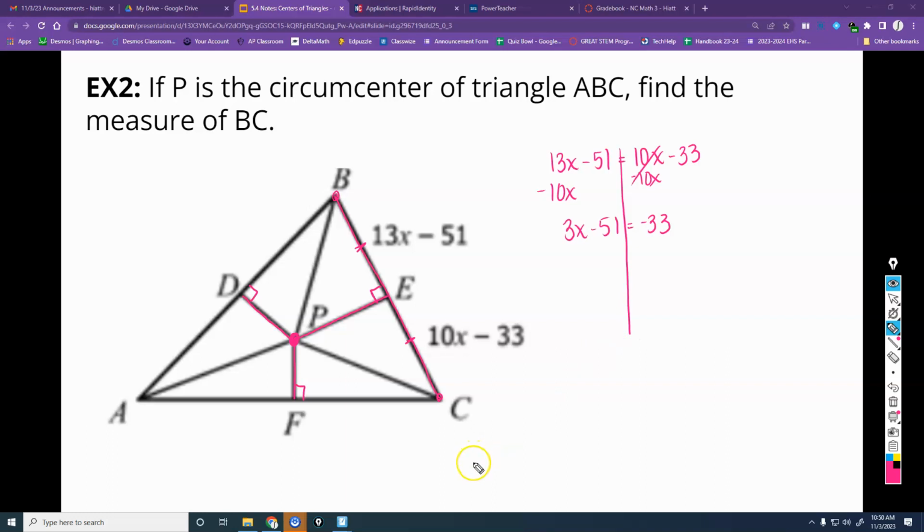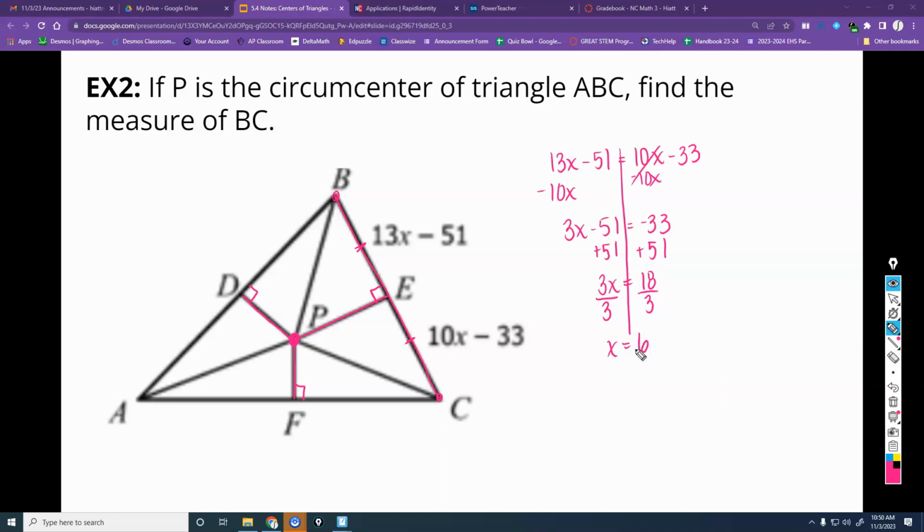Add the 51. Good. So 3x equals, is that 24? I think. And then divide... 18, oops, sorry. 18 divided by 3. And so x is 6.